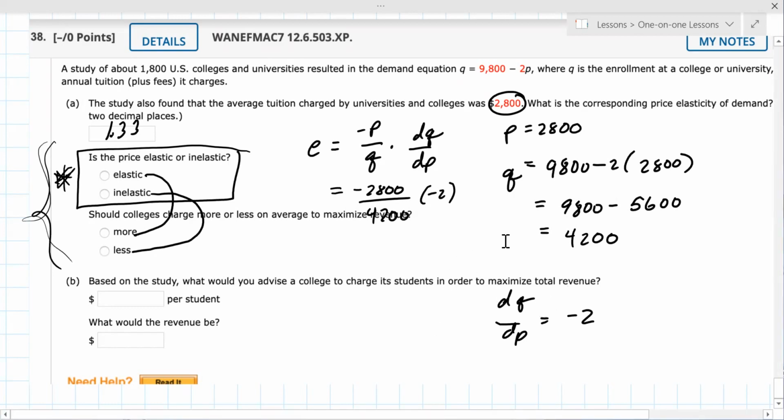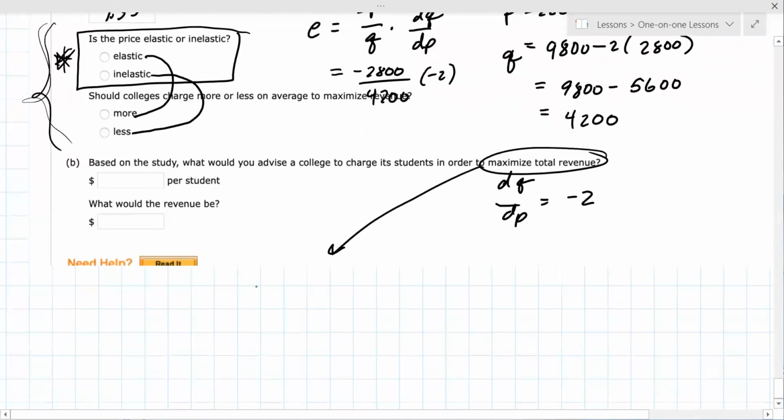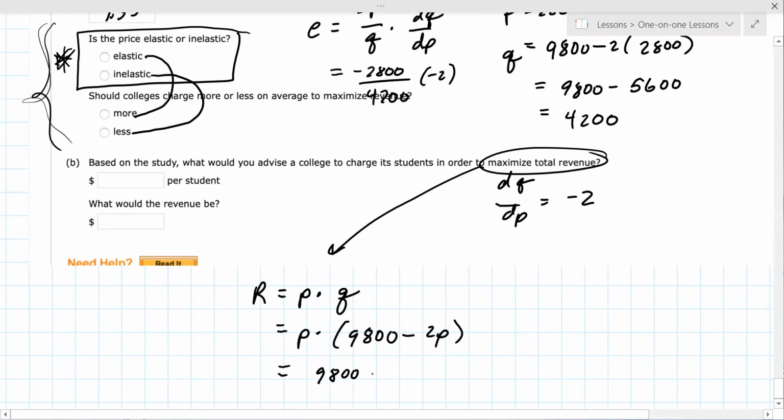Now, to maximize total revenue, that's part B. Revenue is price times quantity, and your P is the variable. So this is P times (9,800 minus 2p). We can expand that: 9800p minus 2p squared.